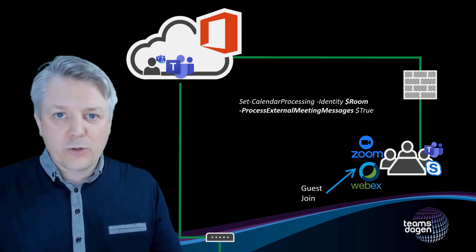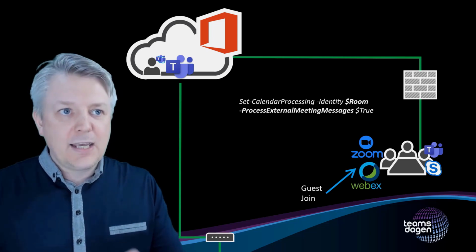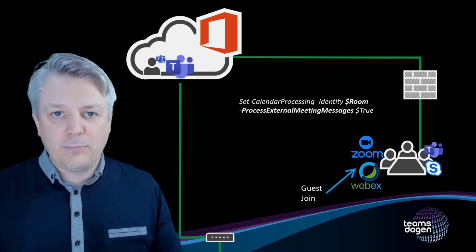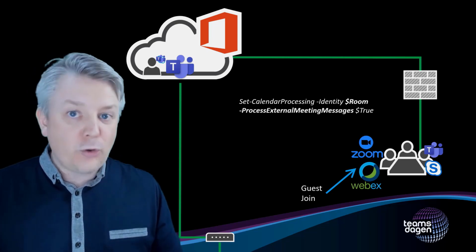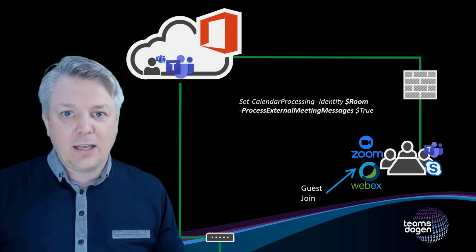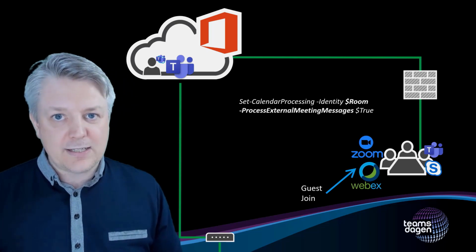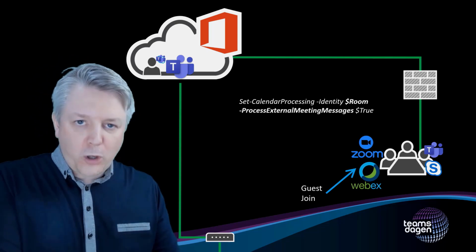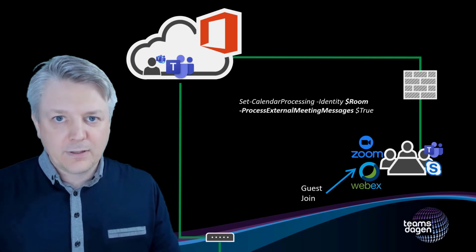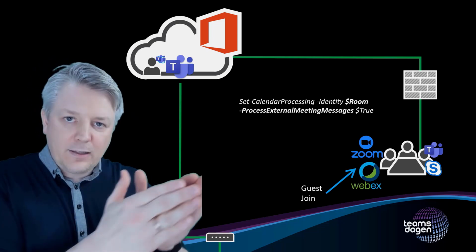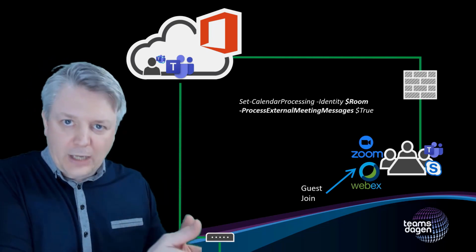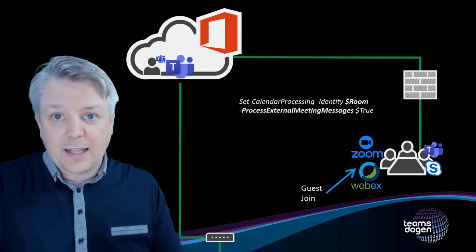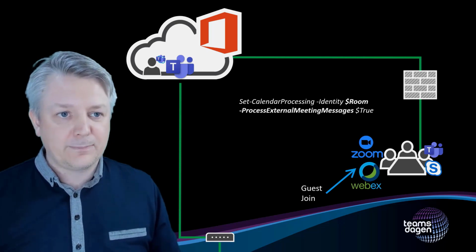What you need to do though for those meeting rooms is to enable external meeting messages so that it can actually receive and be booked by external resources. And the reason for this is the moment you forward a meeting, that is when you tell the organizer, hey, can you invite this person too? And then you will get invited to that.